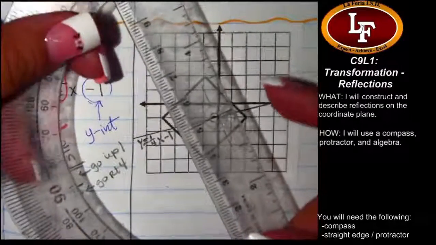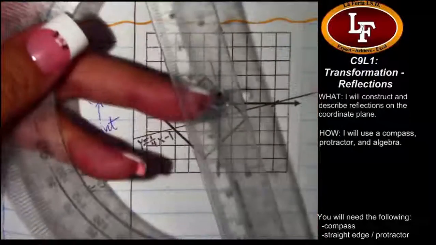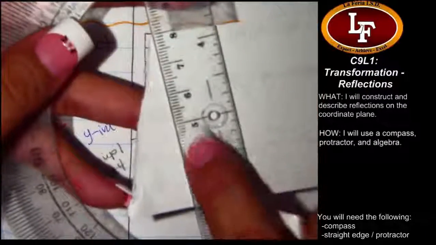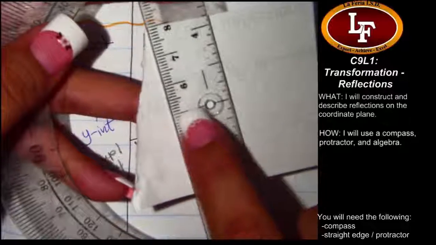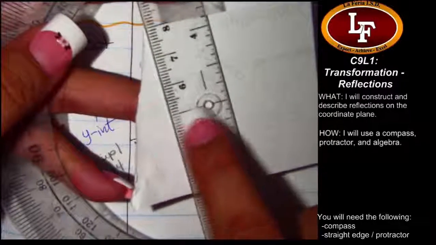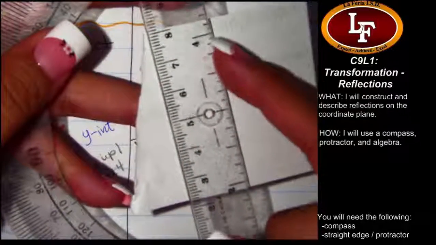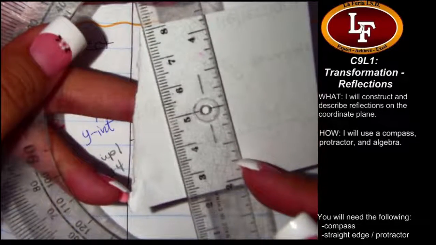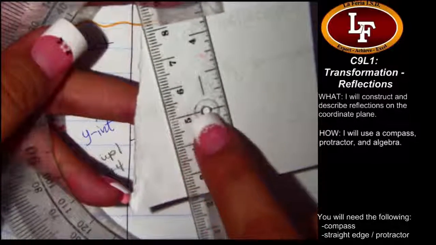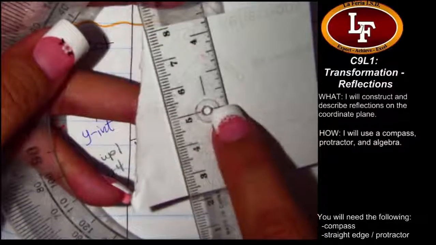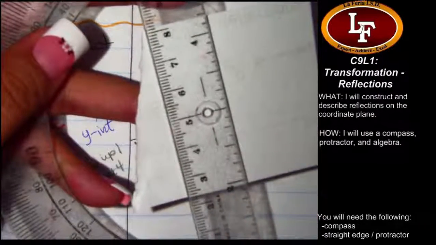So from Monday, you're going to take your protractor. You see right here this crosshairs? This line going this way is 90 degrees perpendicular to this edge of your protractor. You're going to line up this 90 degree with your line of reflection.